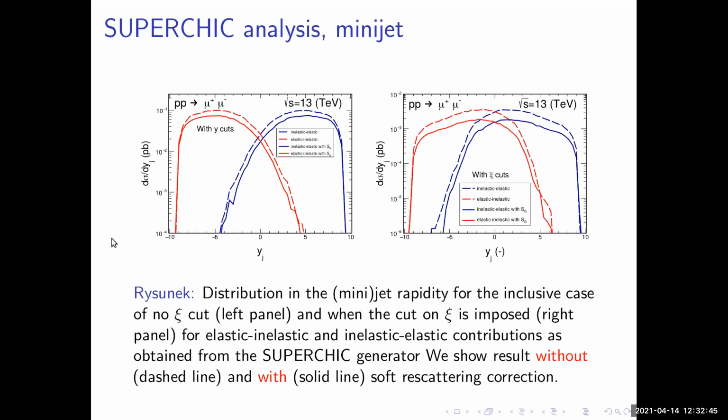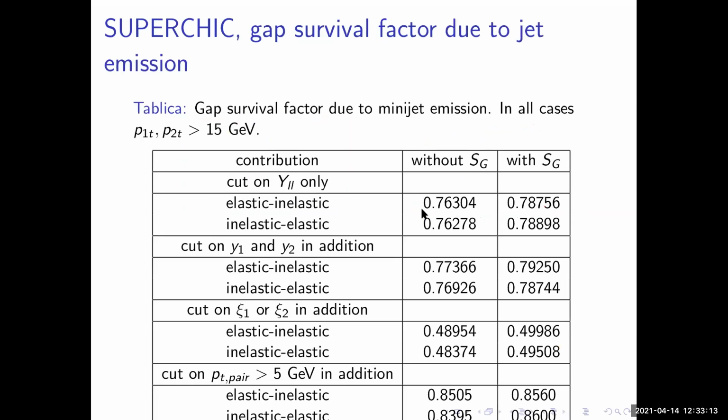There is a second effect, which is also related to the gap effect, and which is related to jet emission. This is a calculation from SuperChic, the distribution of jets without cuts on the proton and with cuts on the proton. Imposing cuts causes these jets to move to the region of the main detectors. And this will be the last transparency which I am going to show.